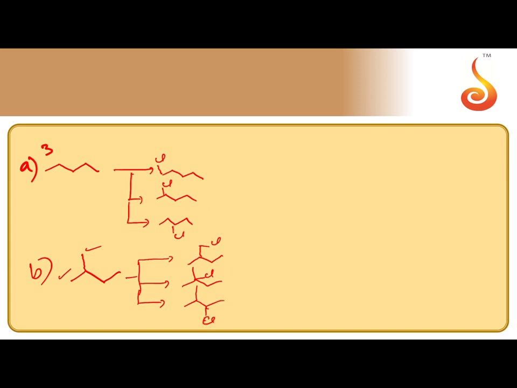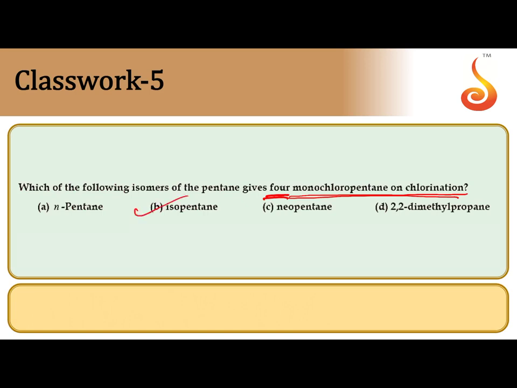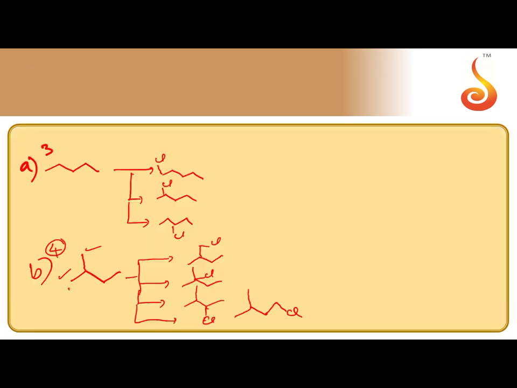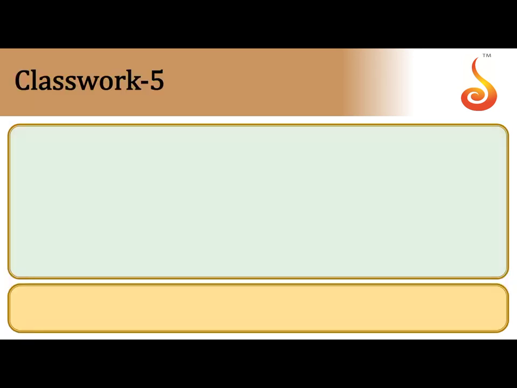Next, chlorine is attached to the fourth one, the 1 degree carbon on the right side, like this. So it is giving 4 types. If chlorine is attached here also, we get the same product. So the correct option is isopentane. Neopentane gives only one type. 2,2-dimethylpropane is nothing but neopentane. So the answer is B.